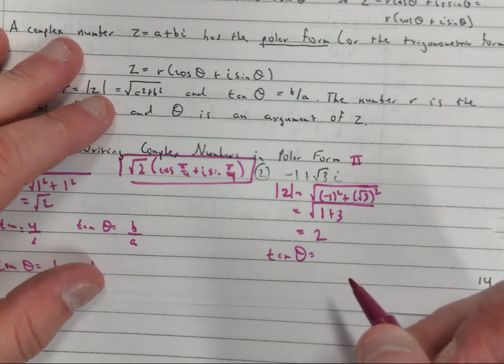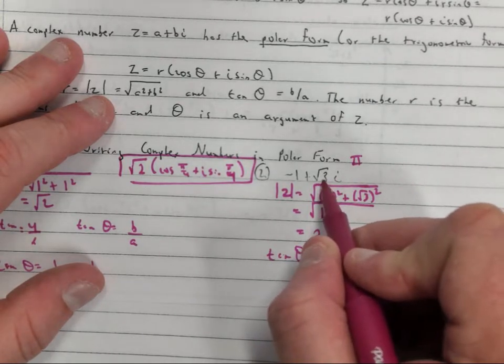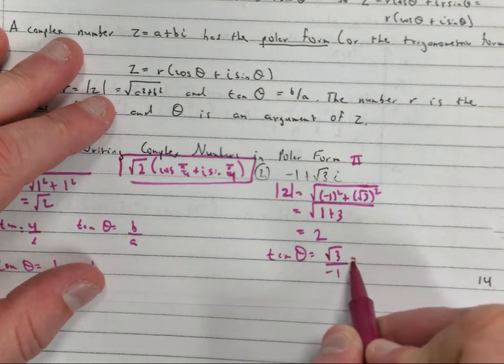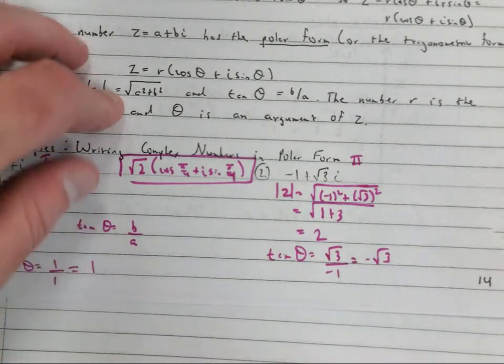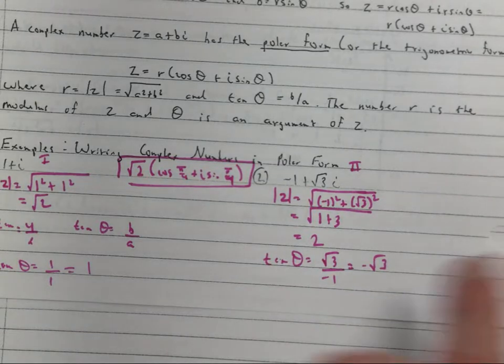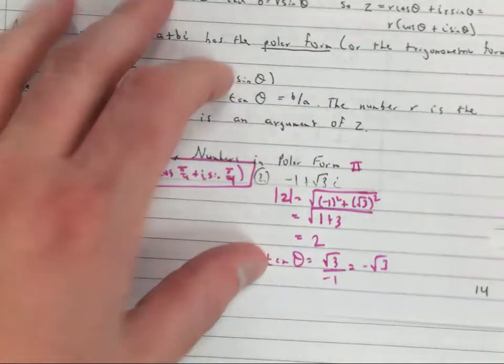Tangent of theta equals, what would I put on top? Root 3 over negative 1, which is negative root 3. Which family gives you tangent of root 3? Pi over 3. Which pi over 3 family member is in quad 2? There's your answer.